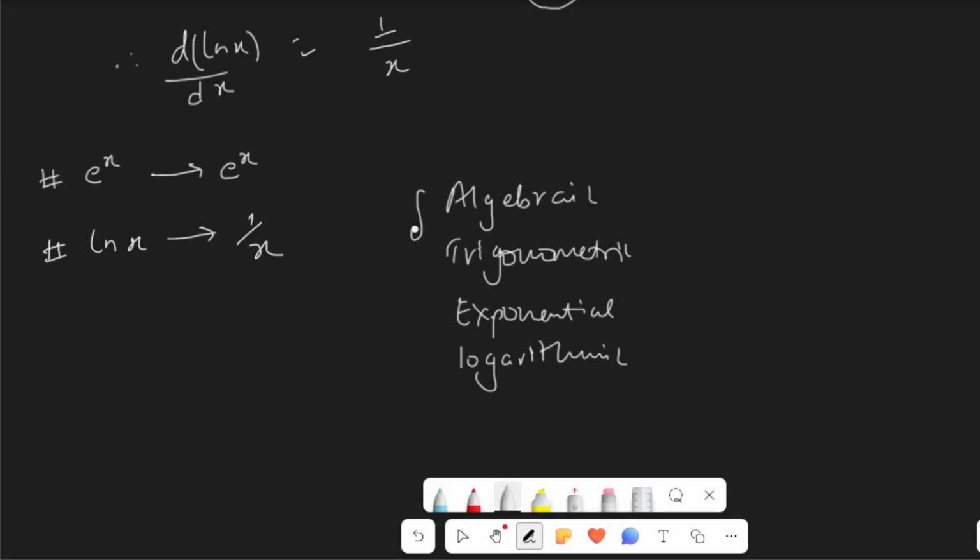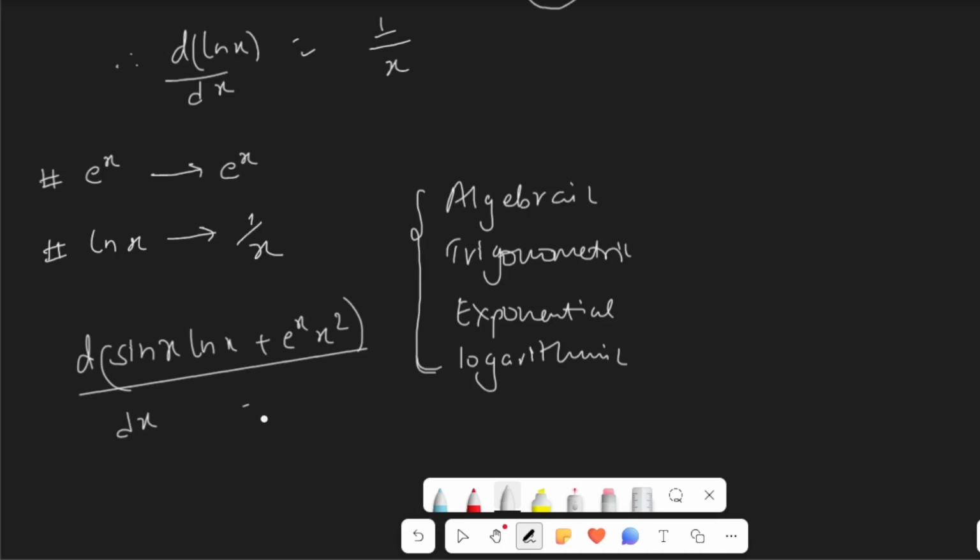We can calculate derivative of any type of function that will involve these type of functions by using the rules in derivative. For example, let's say we have a function like this: sin x times log x plus e to the power x squared. Let's say we want to find derivative of this function.